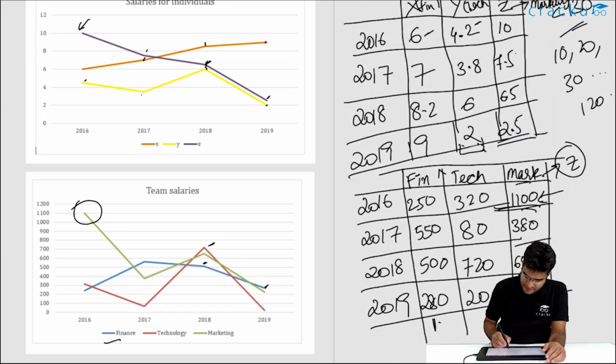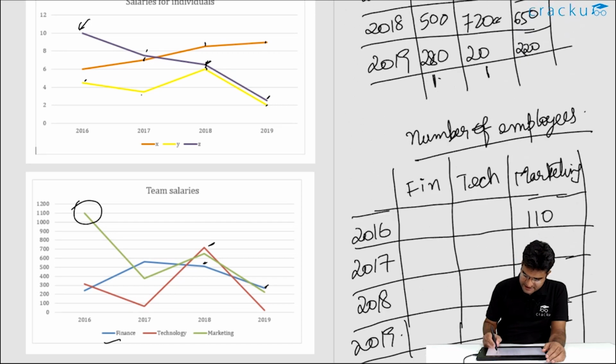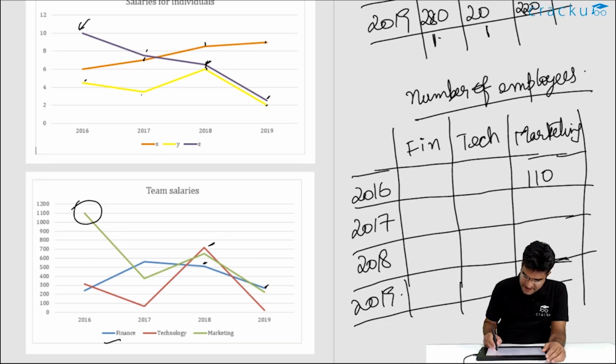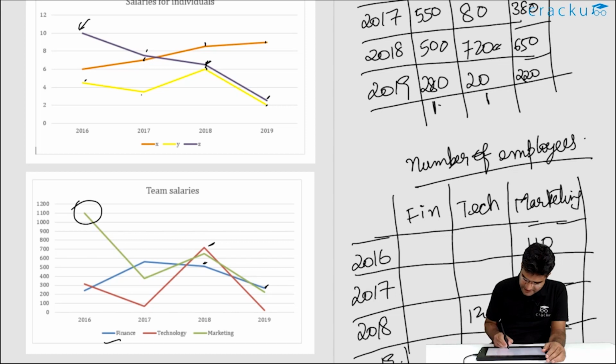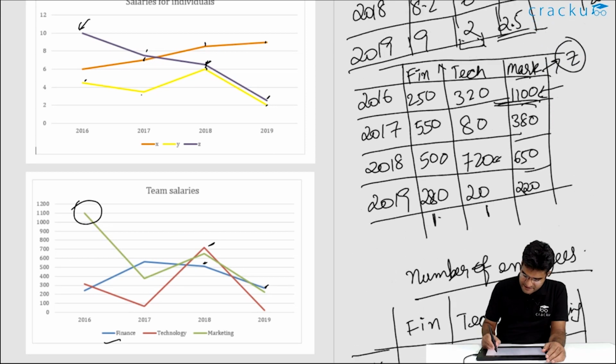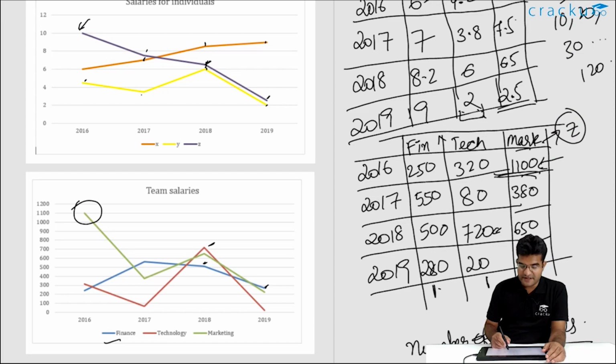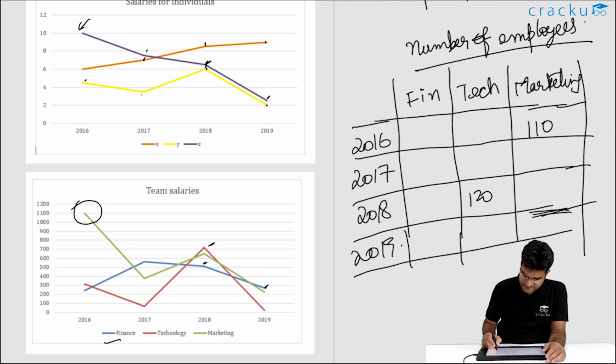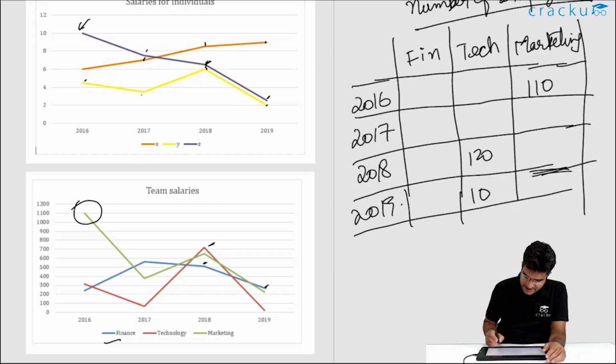Similarly, we know that the number of employees in tech in 2018 is 720 by 6, which is 120. These are the outlier numbers which we can easily fill. This is 120. Similarly, the number that we use to determine which department is tech is the number 20. 20 by 2 is 10. So we know that this is 10.